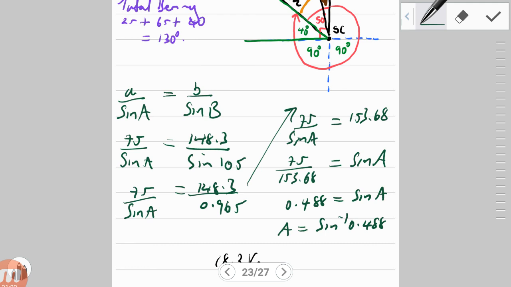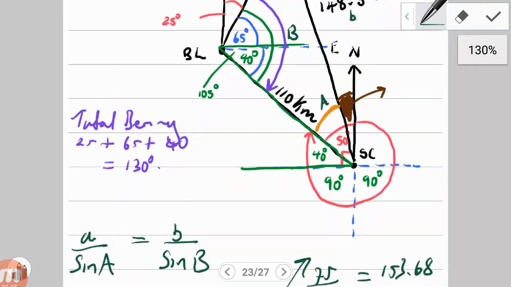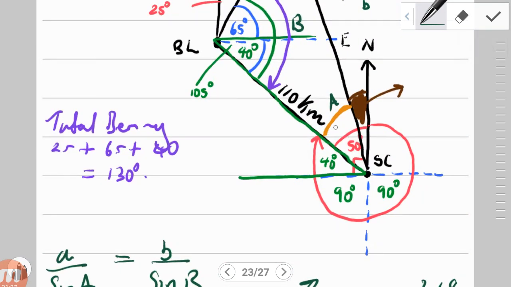So shift sine 0.488, and we get an angle of 29 degrees. So the angle that we had indicated to be A is actually 29 degrees.